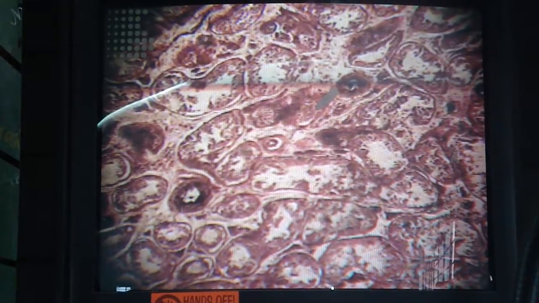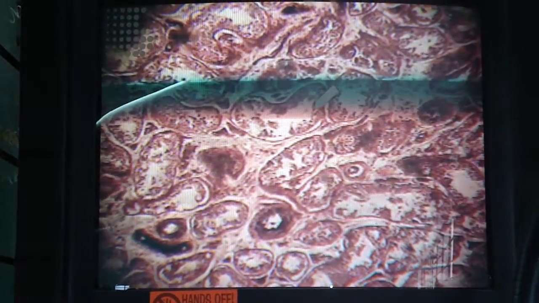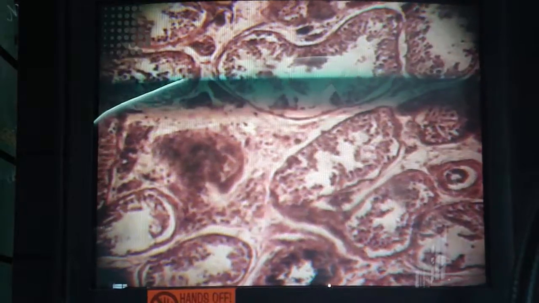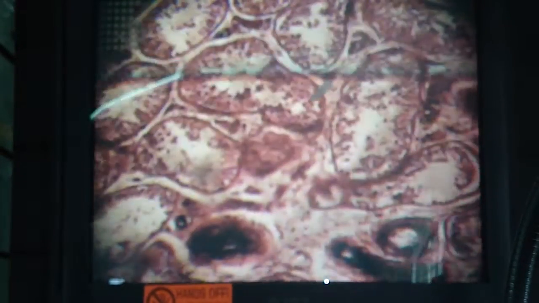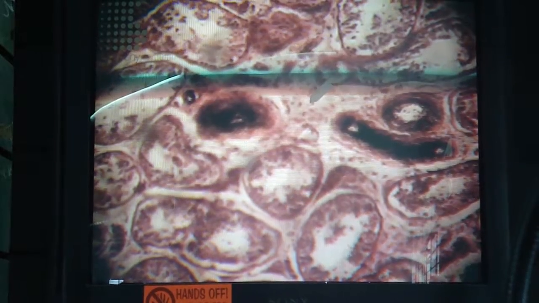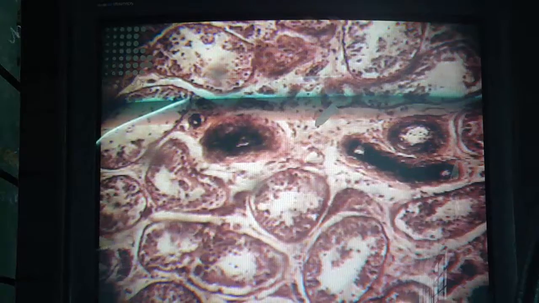These are the seminiferous tubules of the testes. We will study this again next week when you have spermatogenesis. But this time, we are interested only with the cells in between the seminiferous tubules. These are the interstitial cells of Leydig, which are responsible for the secretion of your testosterone.